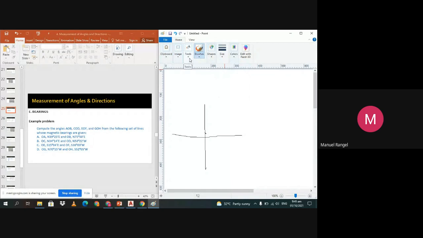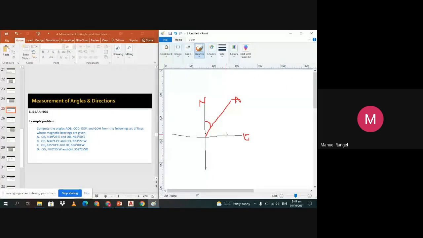From point A, we have north 39 degrees. So let's say this is point A. This angle is north 39 degrees 25 minutes east.